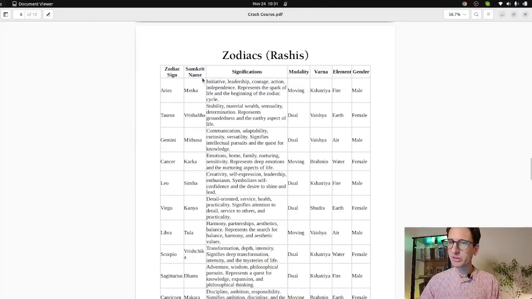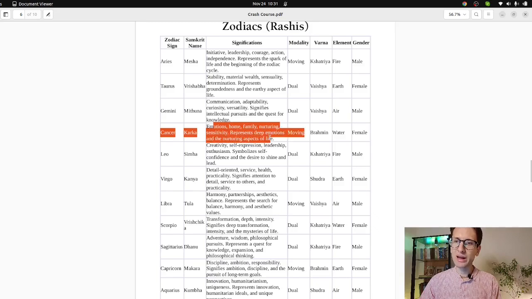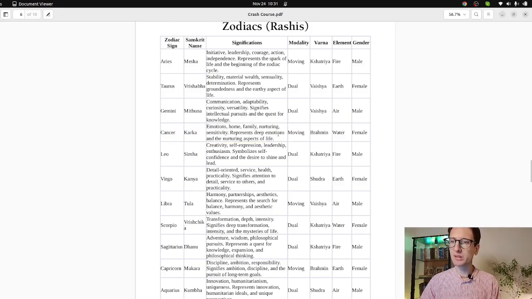So this is then the last. We've now talked about the houses. This is the zodiac. If it's Cancer, it's more concerned with emotions and the mother, respect, and it's a moving sign, meaning it wants change, it wants to move on, it doesn't want to stick to the old one. Actually, this is fixed.